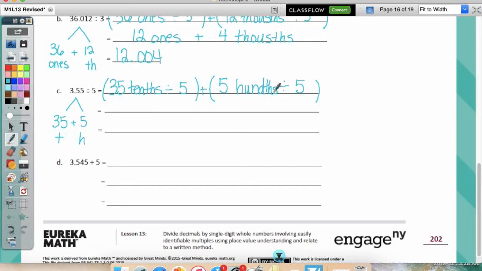So we're going to think about 35 divided by 5. We're going to think 5 times something equals 35. What is it? 7. So if it's 35 tenths, my answer has to be 7 tenths. Very good.